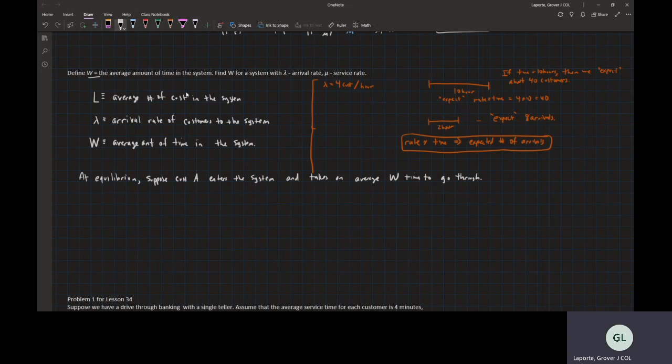Let's just write this out. Customer A arrives to the system, and it doesn't really matter how large W is. So this is W amount of time on average, and then A departs.